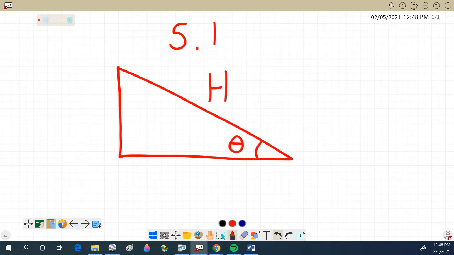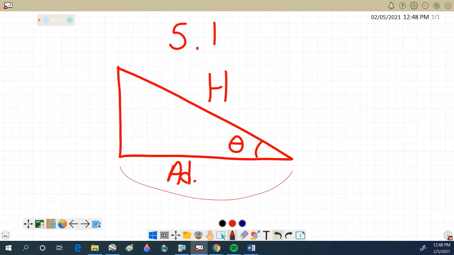So the hypotenuse will always be called the hypotenuse, but the two legs need new names. And we actually describe them according to how they interact with theta, or the angle we're talking about. So this leg down here, it's next to theta. We call that leg the adjacent. Adjacent is the word that means next to.